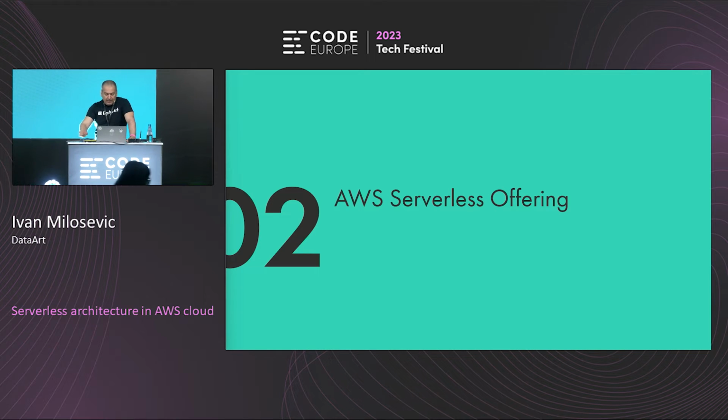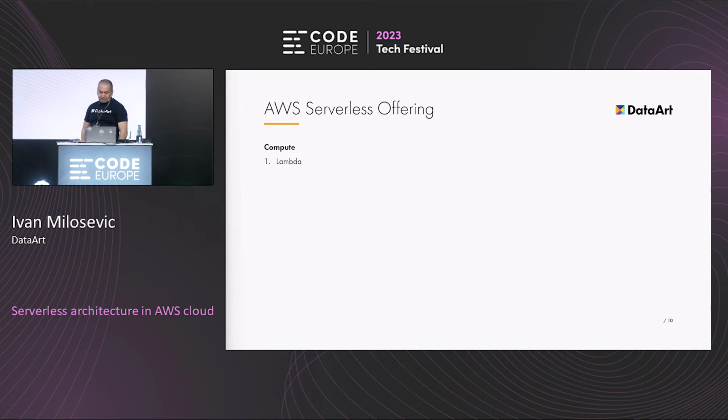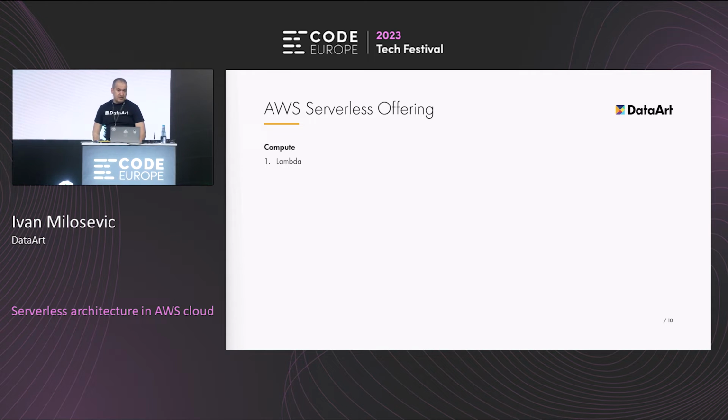But the AWS serverless offering, as you're going to see, is very, very important. And those services are concentrated in several groups. I will try in one or two sentences to explain each one of them, starting with compute, where Lambda, as a function, as code, so to say, is probably the most famous one.